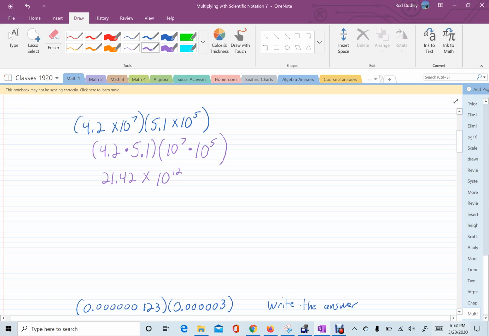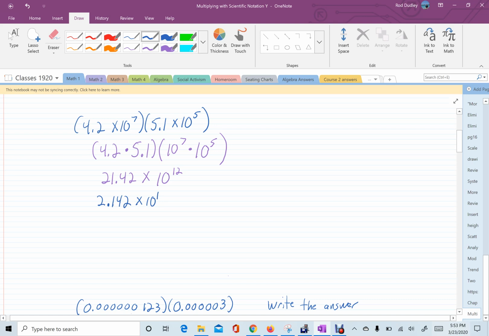Well, we get this answer, and it looks scientific notation-ish, but it's not. Remember, scientific notation has to have a ones digit and then anything after the ones digit listed as decimal. So 21.42 has a tens digit. We're going to rewrite that. We're going to change that to say 2.142 times 10 to the first power.